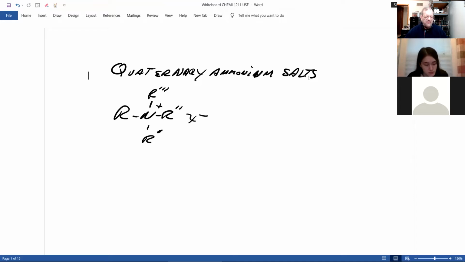And because nitrogen provides both electrons for one of these groups, it has a positive charge, and all molecules in nature have to have a net zero charge, so you need an anion. For this class, I'll use X for halogens, which can be fluorine, but it's so rare I'm not going to put it down. For my class, chlorine, bromine, or iodine. Now, these are quaternary ammonium salts.